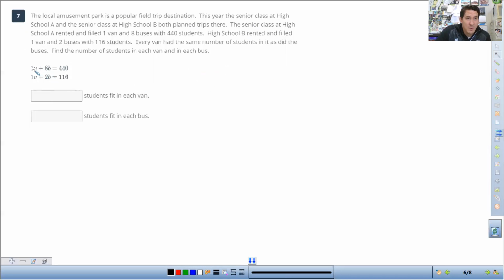So notice, 1V plus 8B equals 440, 1V plus 2B equals 116. On the V's, they have the matching coefficient, but they're both positive. So I want to change one of those to a -1, so I can add together and things will cancel out. So I'm going to multiply the bottom equation by -1. All right, I'm going to write it over here, so that's going to be -1V minus 2B is equal to -116.